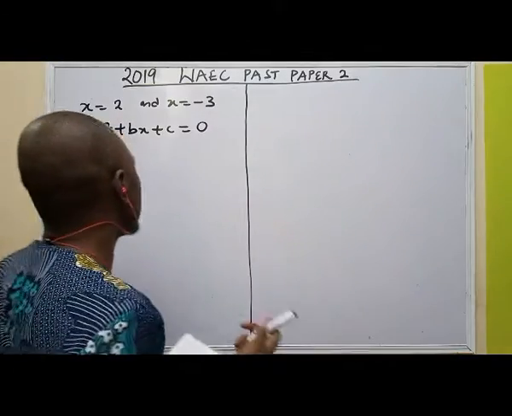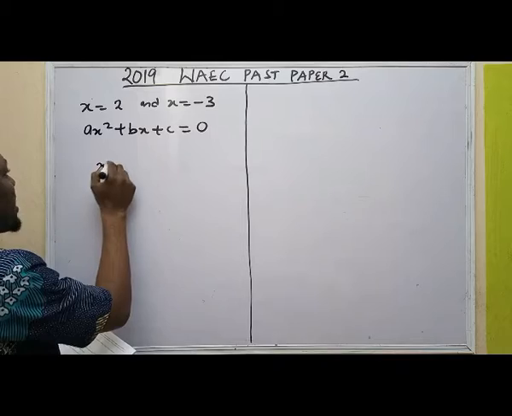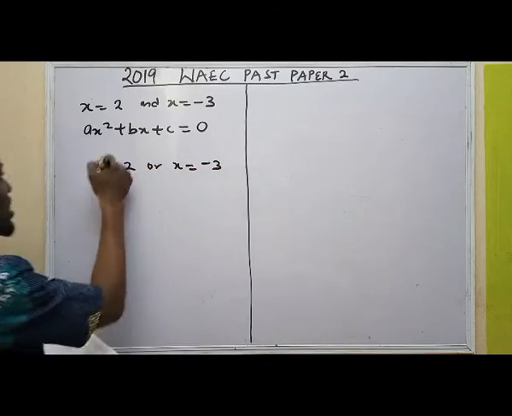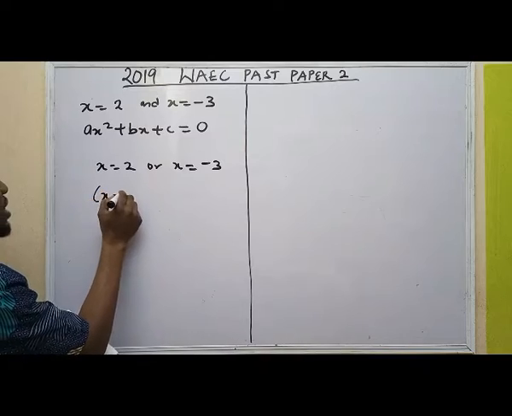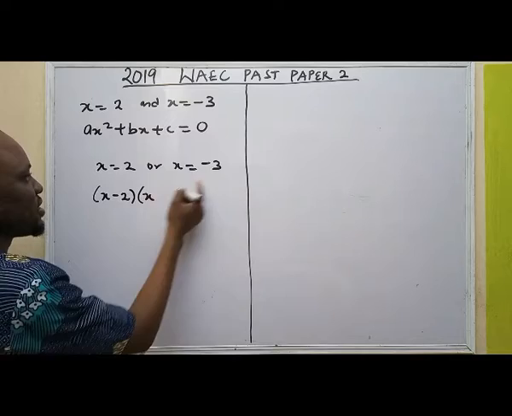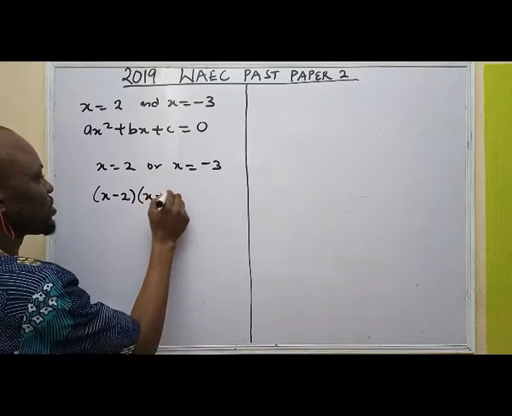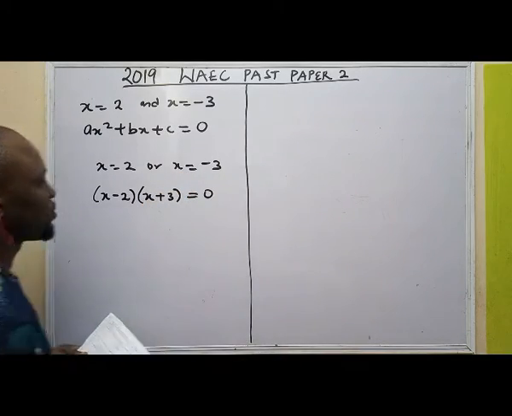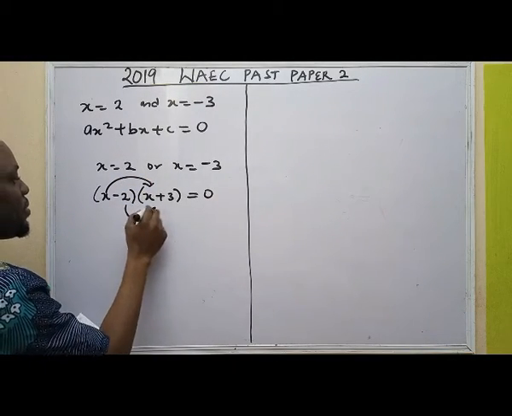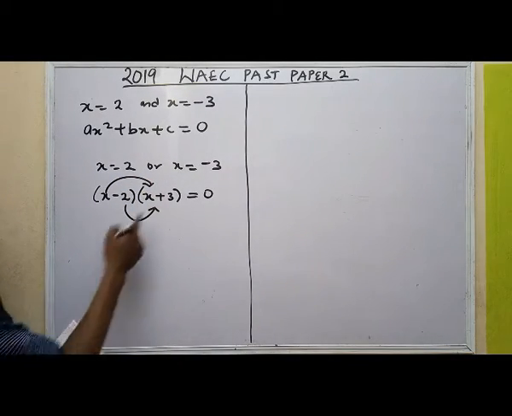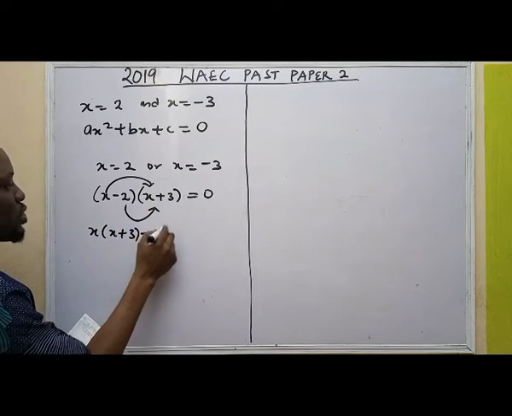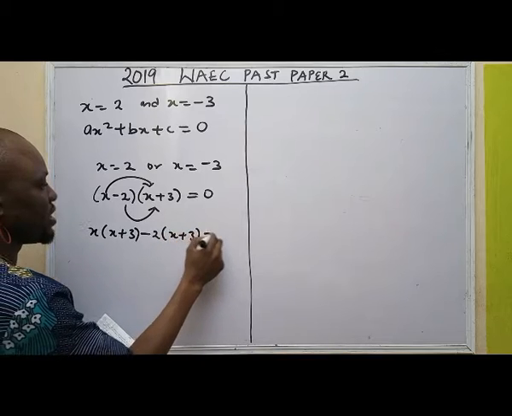It is very simple. All I need to do: x equals 2, or x equals minus 3. I'll take this in, so I have x minus 2. I'll do the same thing: this negative crosses the equality sign, it becomes x plus 3 equals 0. So I'm going to open up the brackets: x into bracket x plus 3, minus 2 into bracket x plus 3 equals 0.